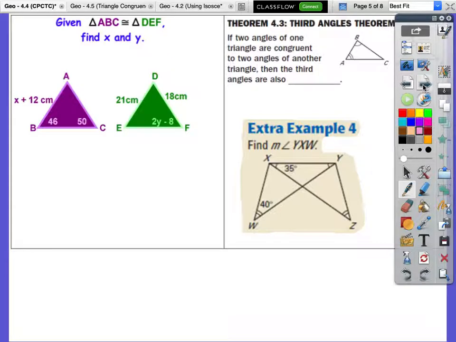Can I use my calculator? I'm Mr. Castle.